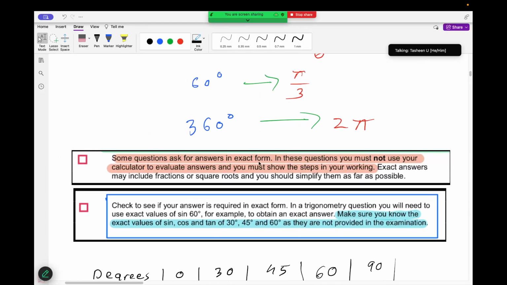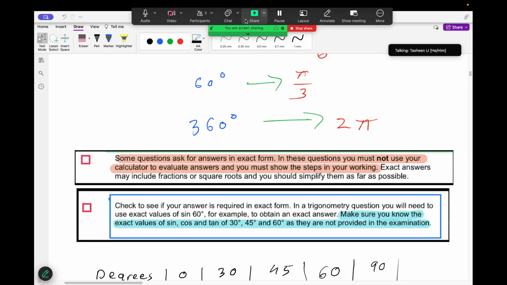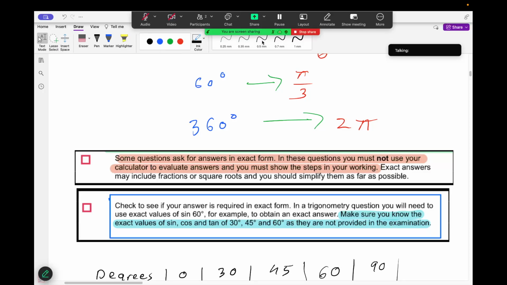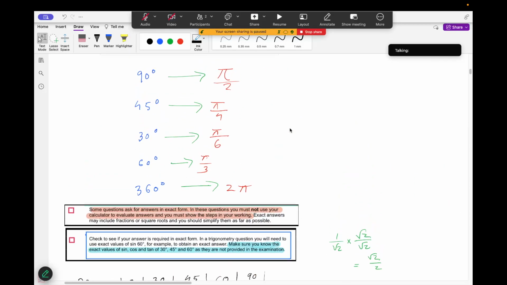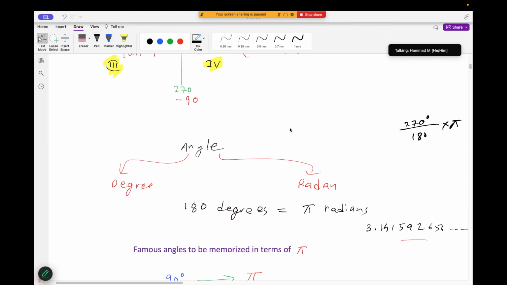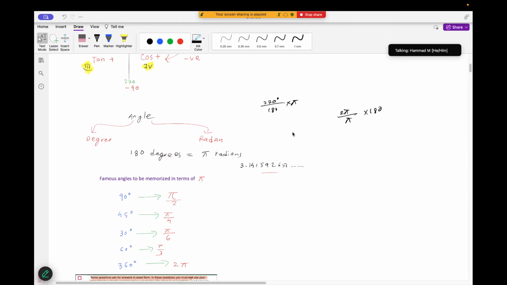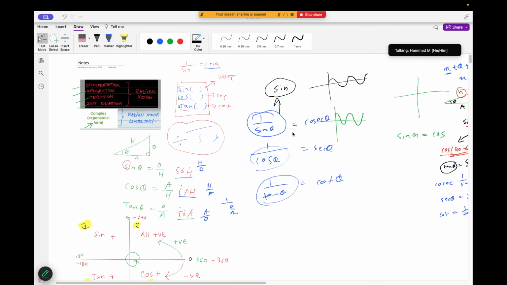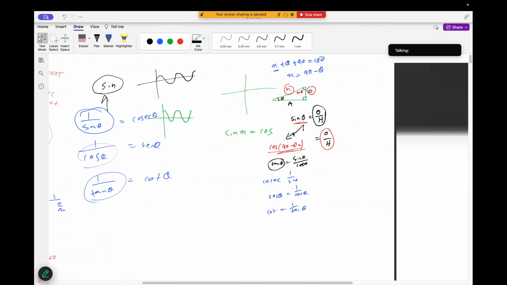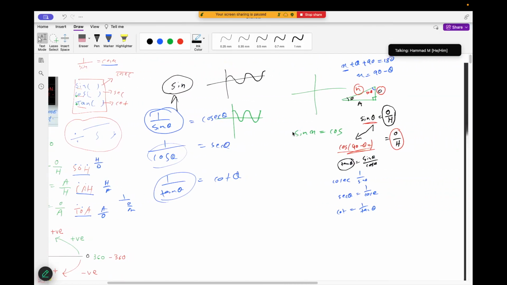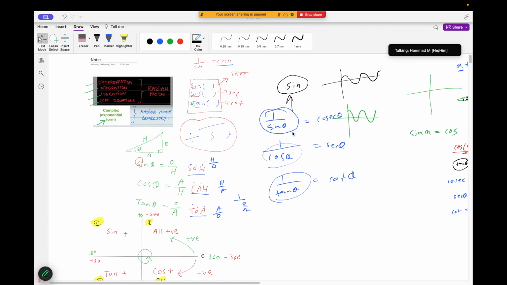Because of this. Hamad, could you please read these things out? Some questions ask for answers in exact form. In these questions, you must not use your calculator to evaluate answers, and you must show the steps in your working.